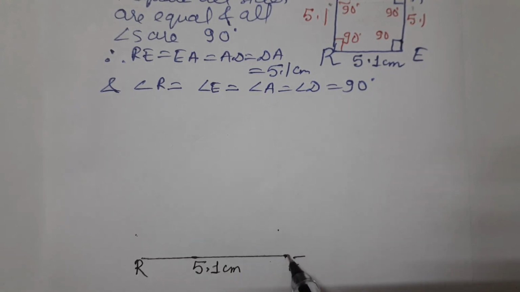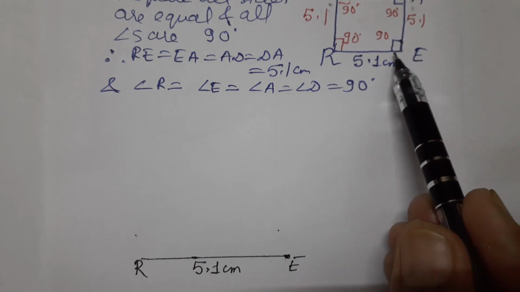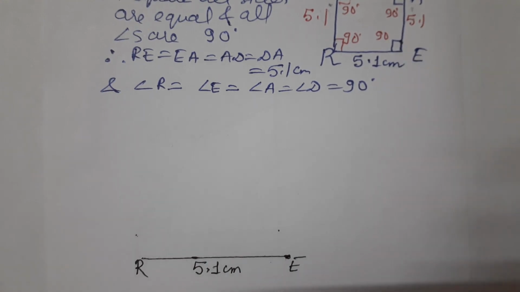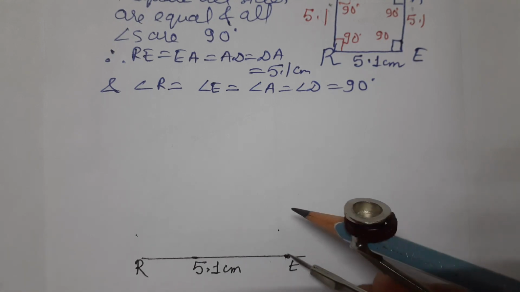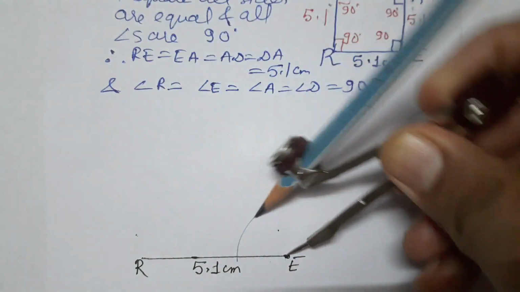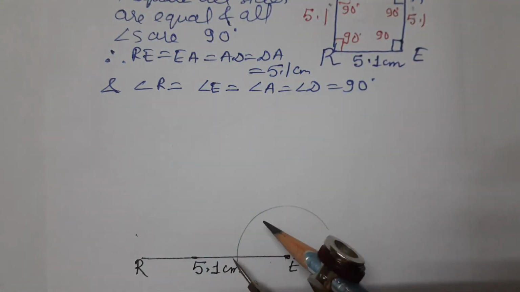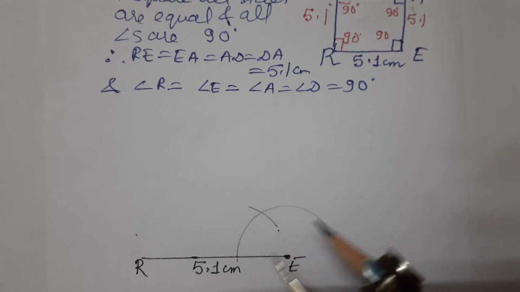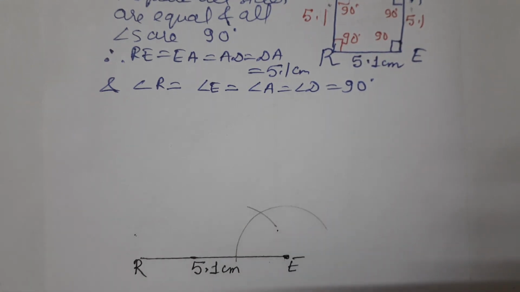Now we have to make 90 degrees. We have to make first of all 90 degrees at E. So let's make 90 degrees using ruler and compass. So take the compass with a convenient arc radius, draw first of all 60 degrees. This is 60, you have already made it so many times, then 60 and 60 is 120.